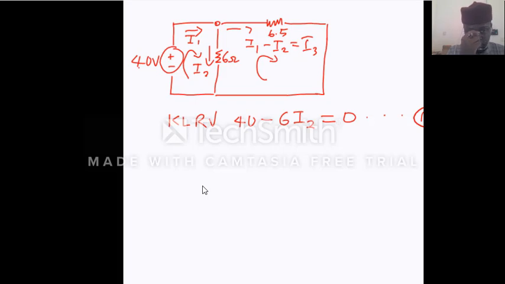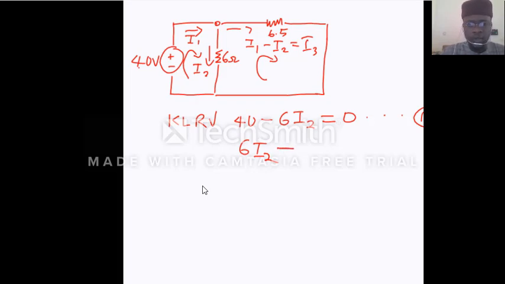In equation 2 we go to the second loop. You can start from either of the 2 resistors, 6 ohm or 6.5. Remember, we don't have any electromotive force in our second loop. For the first potential difference, I choose to take 6 ohm, which is opposing the loop, so we take positive 6 I2.